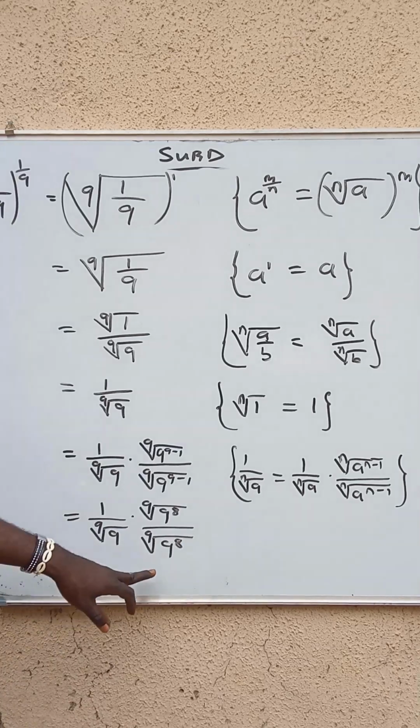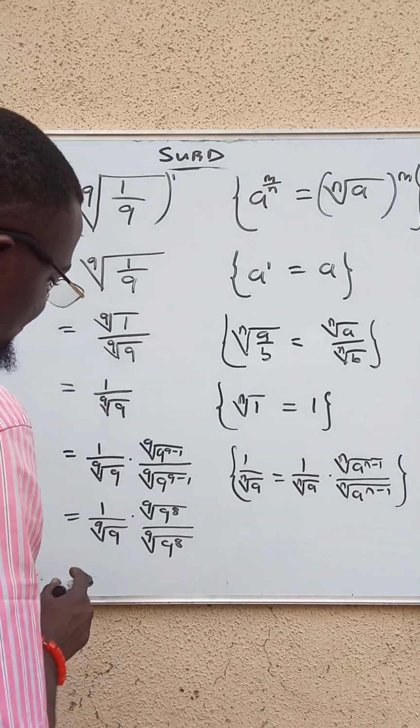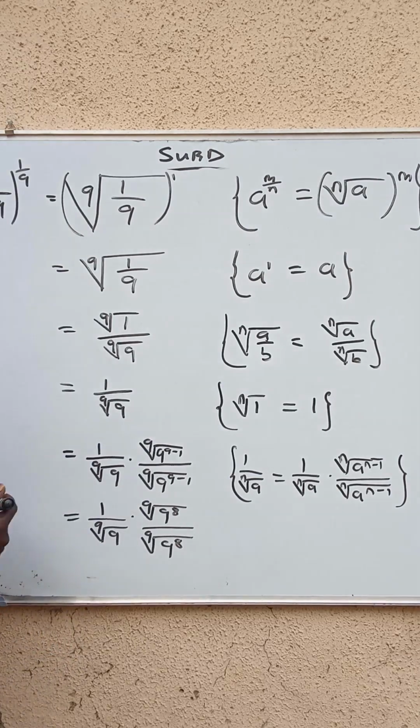Now, if you have the same thing, we're having 9 here, 9 here, and they are multiplying each other, so we bring them together. Remember that this one is raised to the power of 1. Anything on its own is raised to the power of 1.